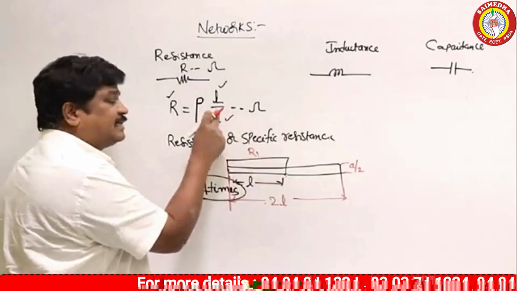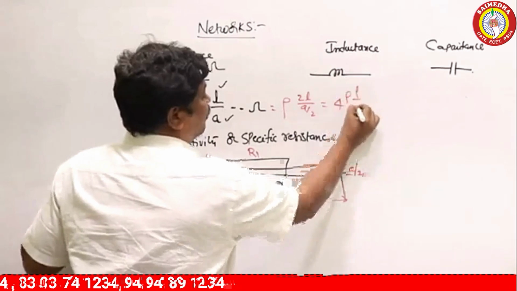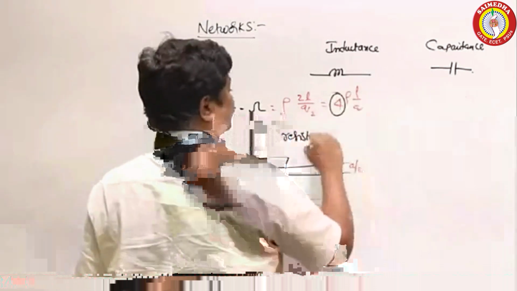Earlier it was A, now it becomes A by 2. Now substitute this into the formula. Rho does not change, length becomes 2L, area becomes half. This is 4 rho L by A. It becomes 4 times.